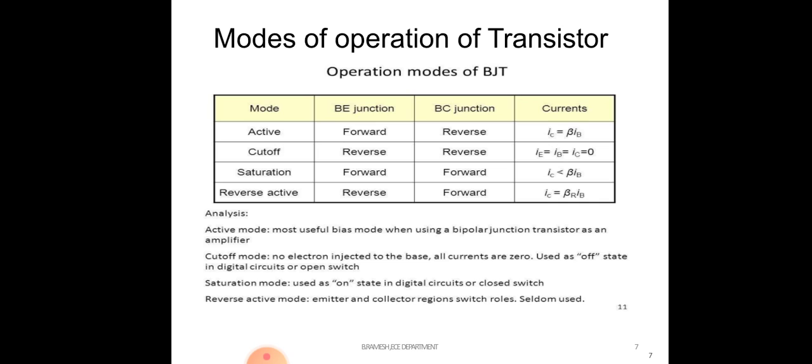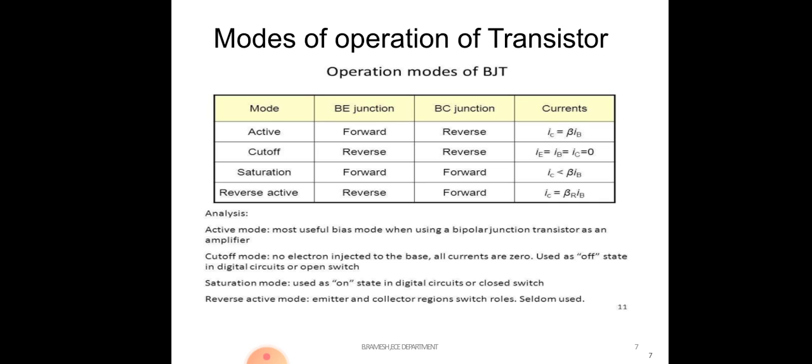In saturation, IC is much greater than beta times IB. Here much greater means the IC current becomes almost constant, and that region is called the saturation region.